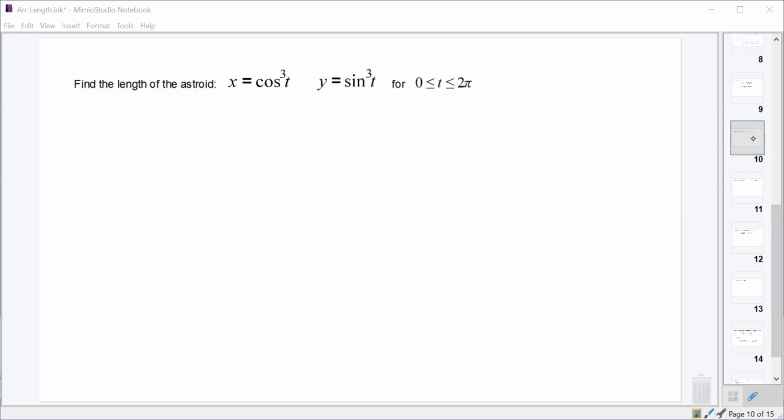Wonderful. All right, so let's take a look at this asteroid, and let's see if we can find the length of it from 0 to 2 pi.